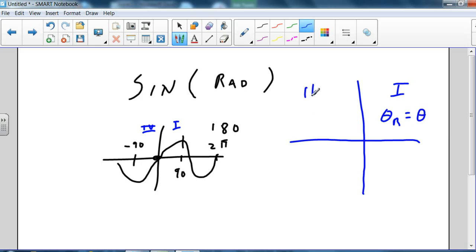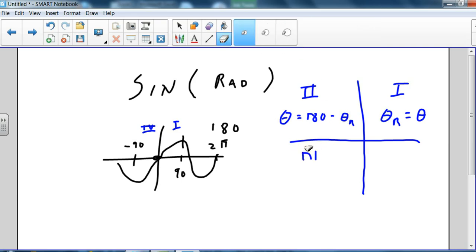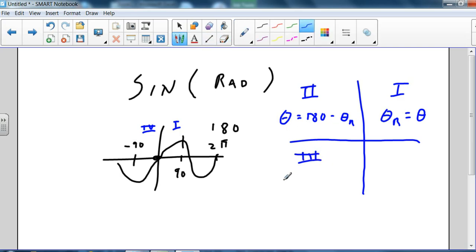In the second quadrant, the angle is going to be equal to 180 if we're dealing with degrees minus the reference angle. If you're in the third quadrant, that doesn't look too much like a 3, but we'll correct that, then the angle is going to be 180 plus the reference angle.